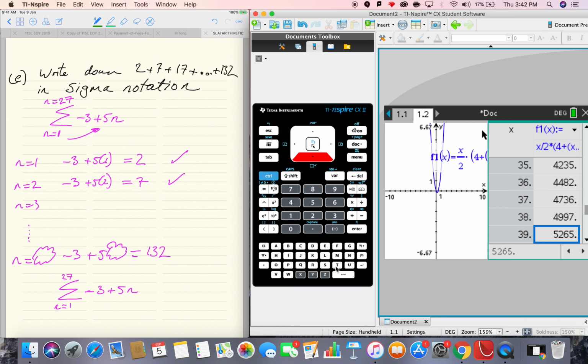Sometimes I've seen sigma of minus 3 plus 5k, k equals 1 to 27, and basically any letter. So let's do another one: i here, minus 3 plus 5i, i equals 1 to i equals 27. So it doesn't really matter what letter it is. The letter appears in the nth term rule, and you generate all terms by substituting in from the first considered number to the last considered number.